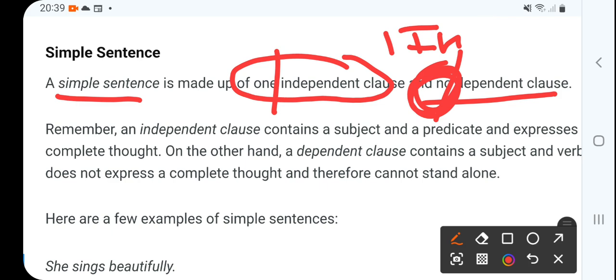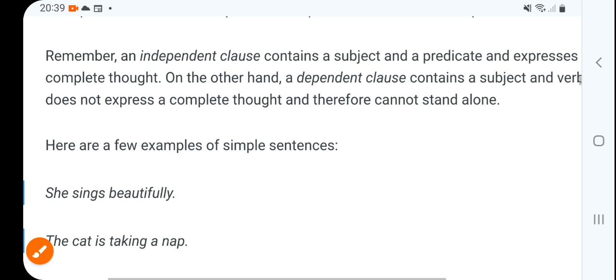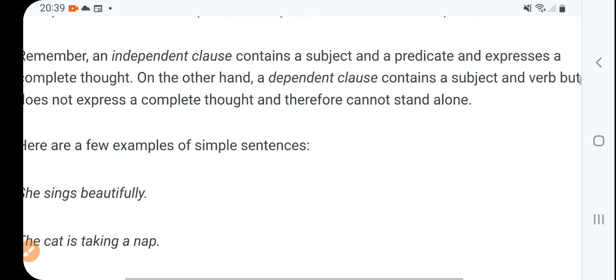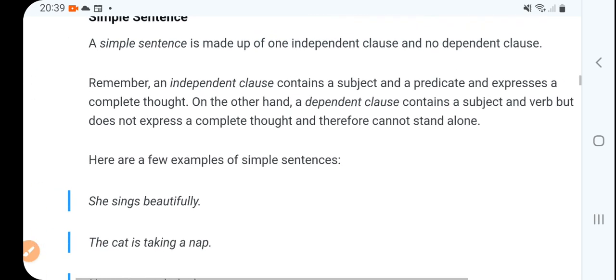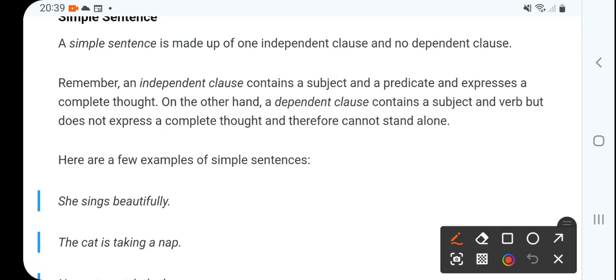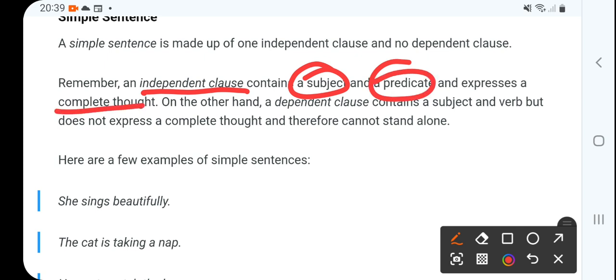Now remember, an independent clause contains a subject and predicate, as I told you, and expresses a complete thought.